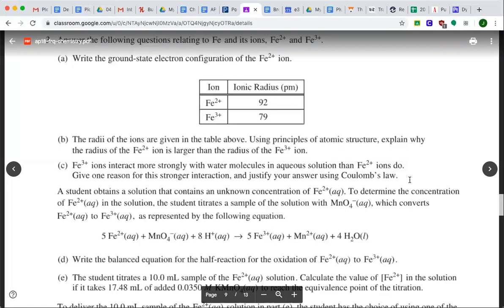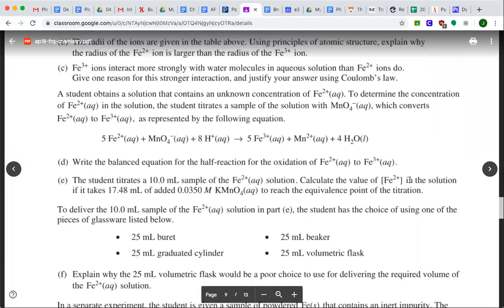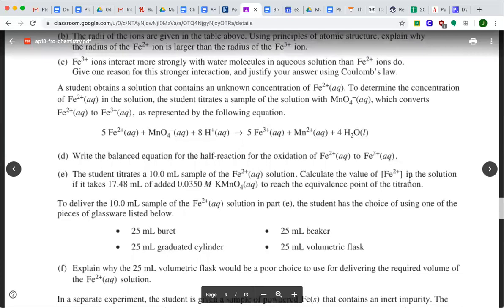And then a student obtains a solution that contains an unknown concentration of iron 2+ aqueous. To determine the concentration of iron 2+ in solution, the student titrates a sample of the solution with permanganate, which converts Fe2+ to Fe3+, as represented by the following equation. Write a balanced equation for the half reaction of the oxidation of Fe2+ to Fe3+.